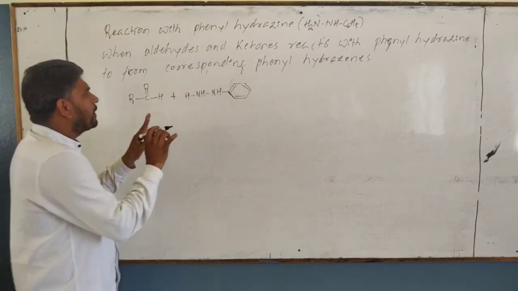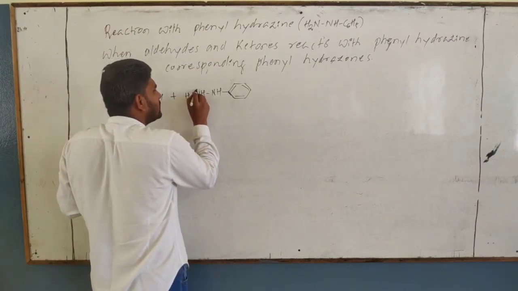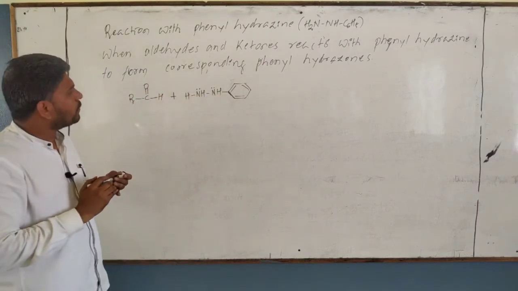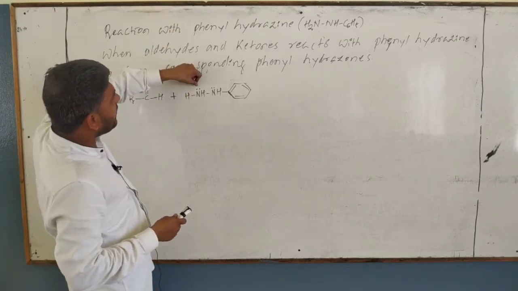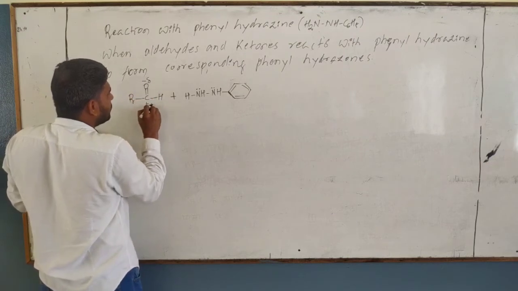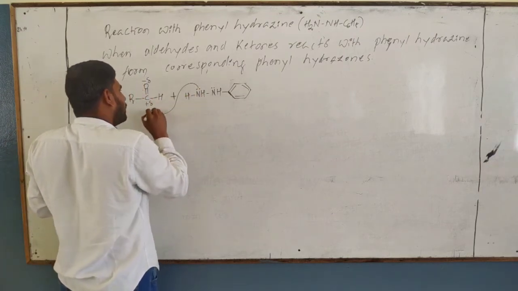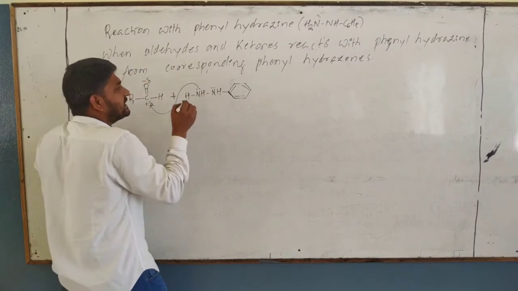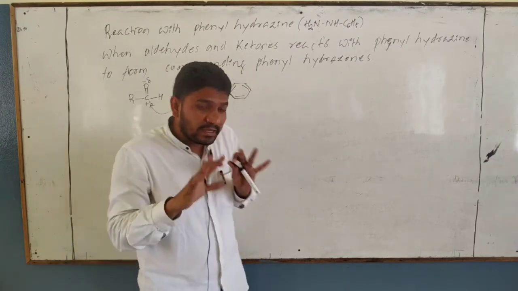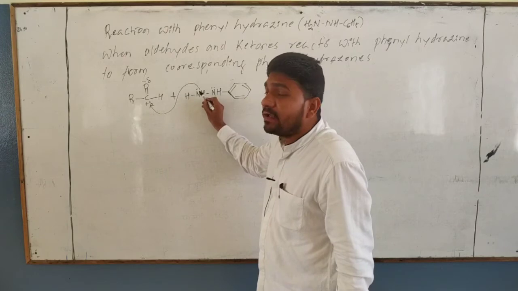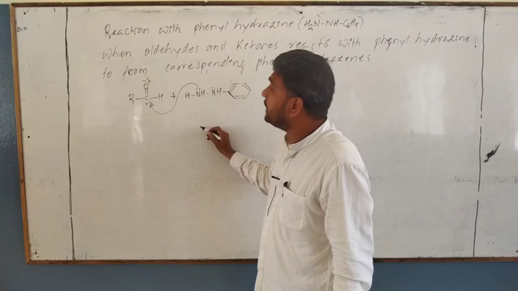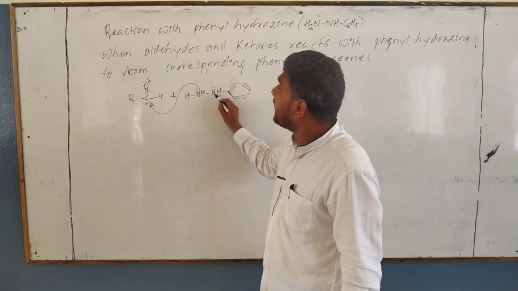See, over here, the question is, this nitrogen also contains a lone pair and this nitrogen also contains a lone pair. Now the question arises, it can attack, see over here, this oxygen carries negative charge, the carbon carries what? Positive charge. It can attack through this lone pair or this lone pair, but over here, attack always takes place through the lone pair of electrons present on the terminal nitrogen, not on the nitrogen which is directly attached to the benzene ring.